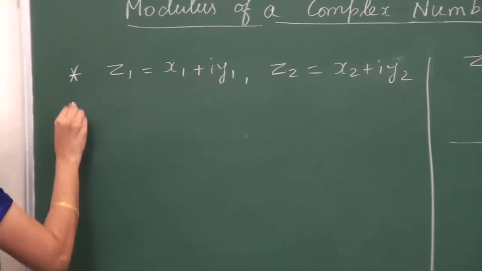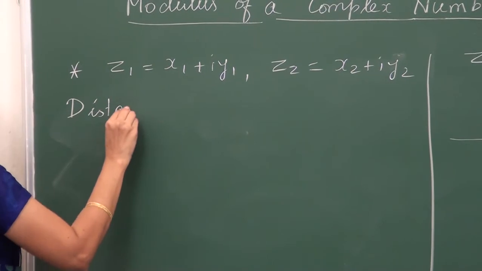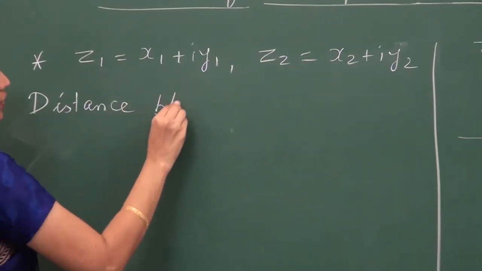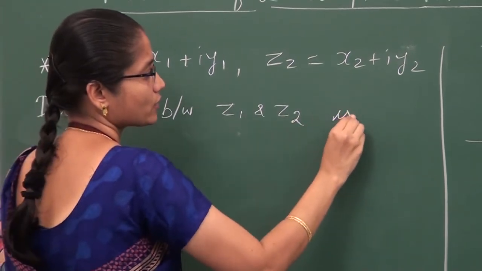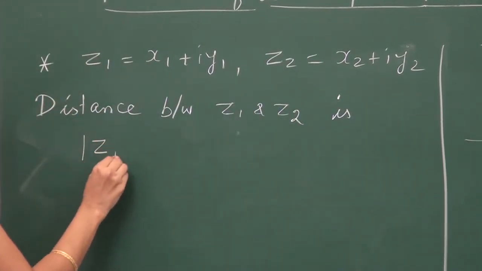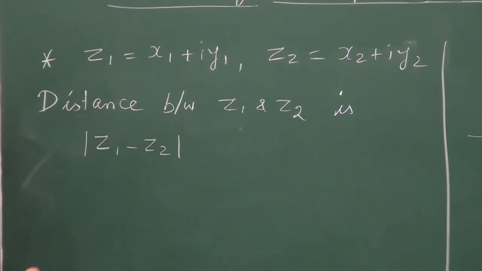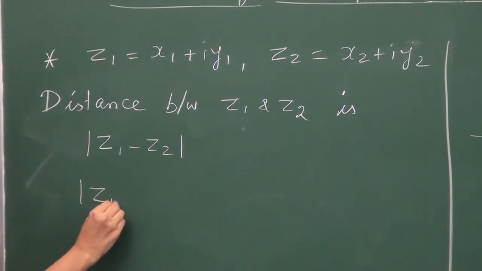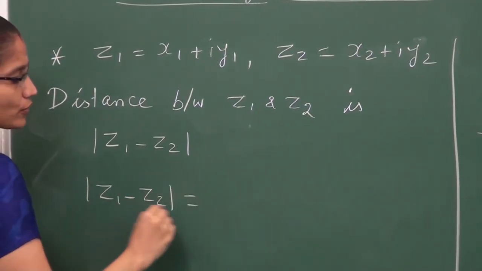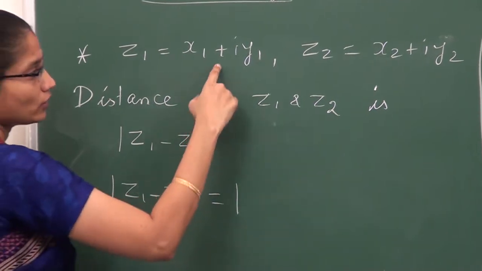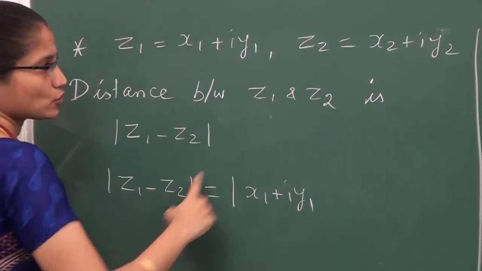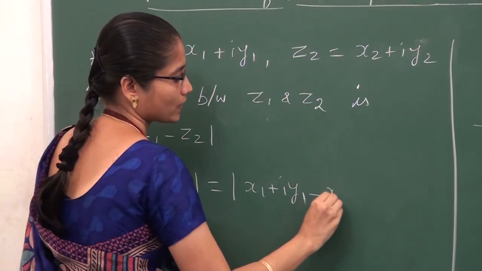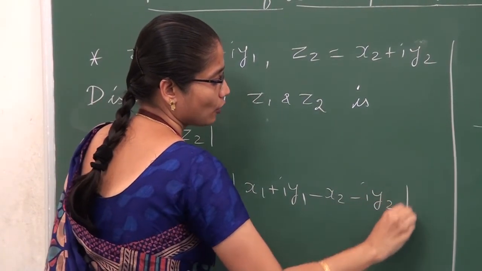The distance between these two complex numbers is defined as modulus of z1 minus z2. Let us see. Modulus of z1 minus z2 is equal to, what is z1? x1 plus iy1 minus z2, so minus x2 minus iy2.